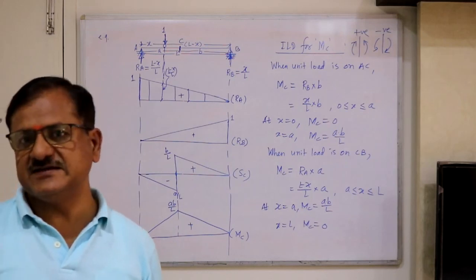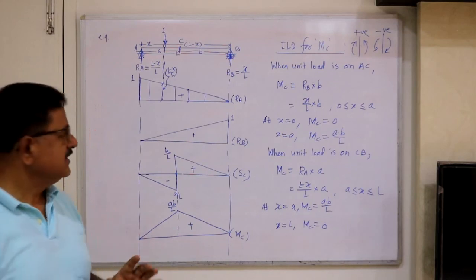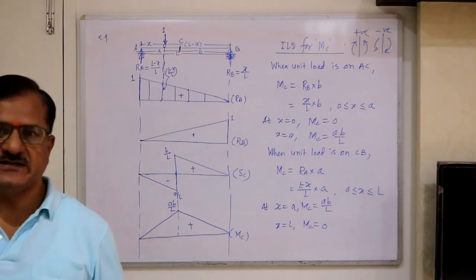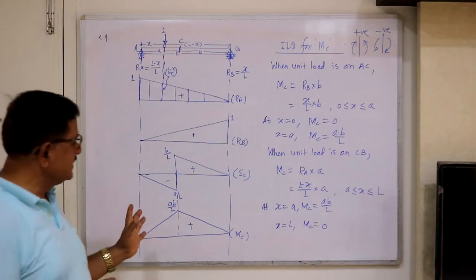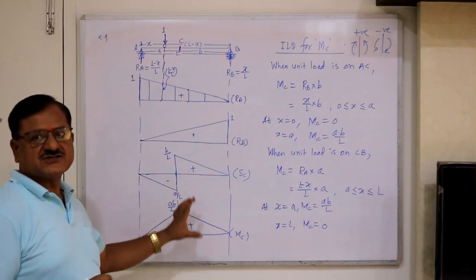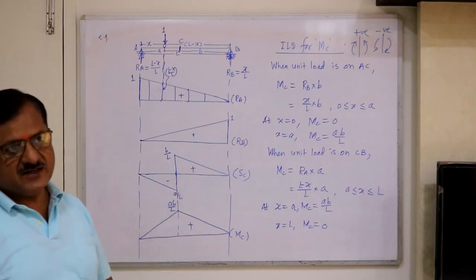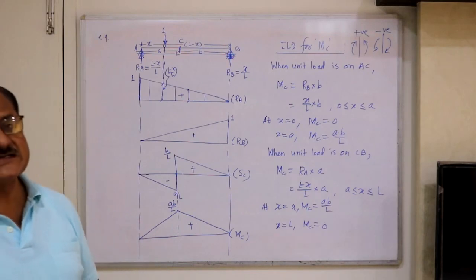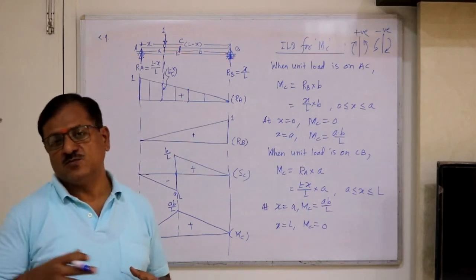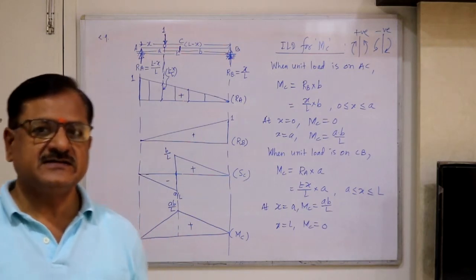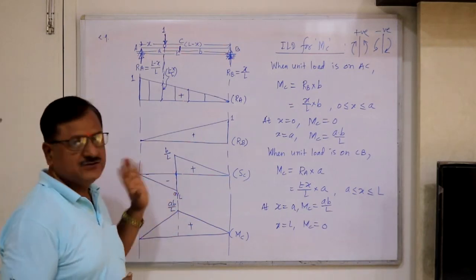If a UDL is given, then the intensity of load into the area under the load is to be taken into account. So that gives us the required structural quantity. The influence line diagrams are very useful when a structure is subjected to moving loads. Particularly for the design of bridges, these are very, very useful.